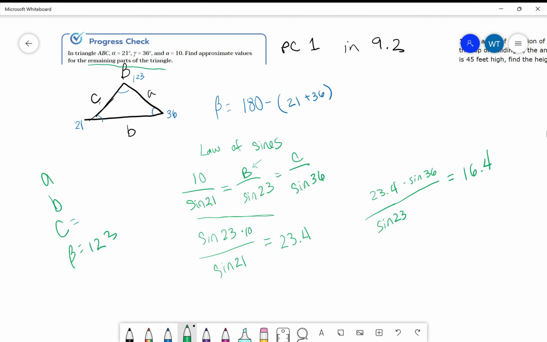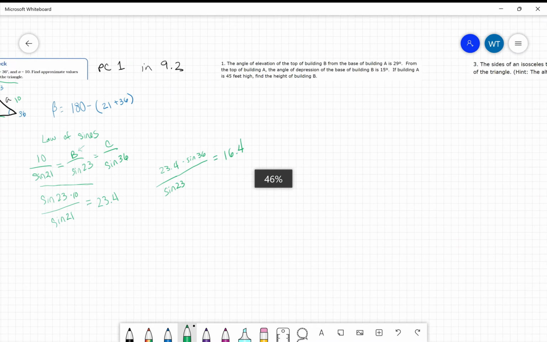So we had A equals 10, B equals 23.4, C equals 16.4, and then 123 degrees was our beta. Because we had this to solve for, we had this, and then this. Those were the three parts we had to solve for. So this one, we are done. And now we're on to the next part.